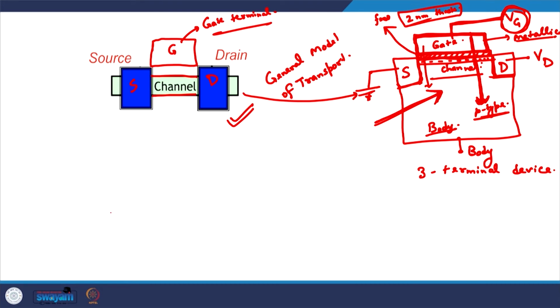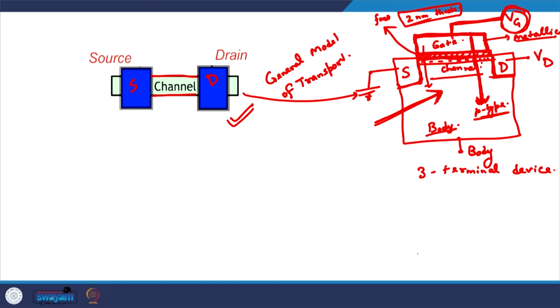Okay. So, while discussing this 2 terminal device, we assumed that there are charge carriers available in the channel for conduction. In this 3 terminal device, these charge carriers available for conduction arise because there is a voltage applied on the gate terminal, there is an electric field due to the voltage on the gate terminal.